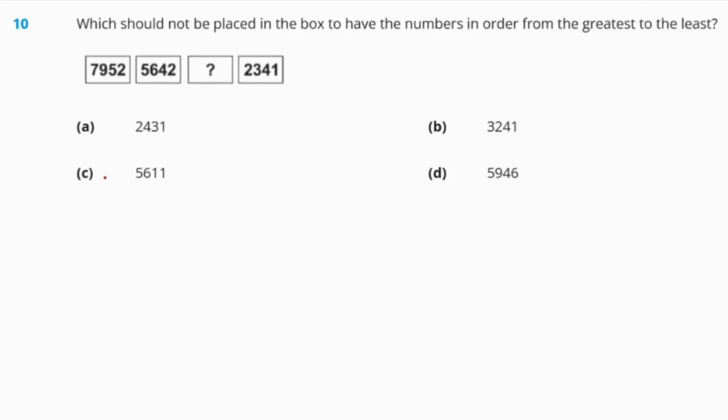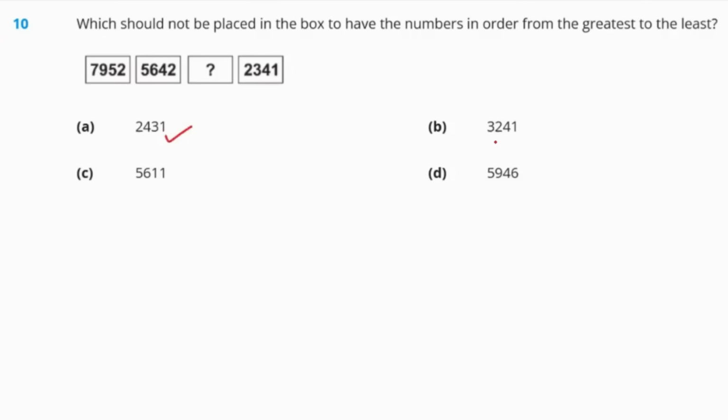Which number should not be placed in the box to have the numbers in order from the greatest to the least? Some numbers are given and they are arranged from greatest to least, that is in the descending order. Out of these four numbers, which number cannot be placed in the place of the question mark? First number, we can place.